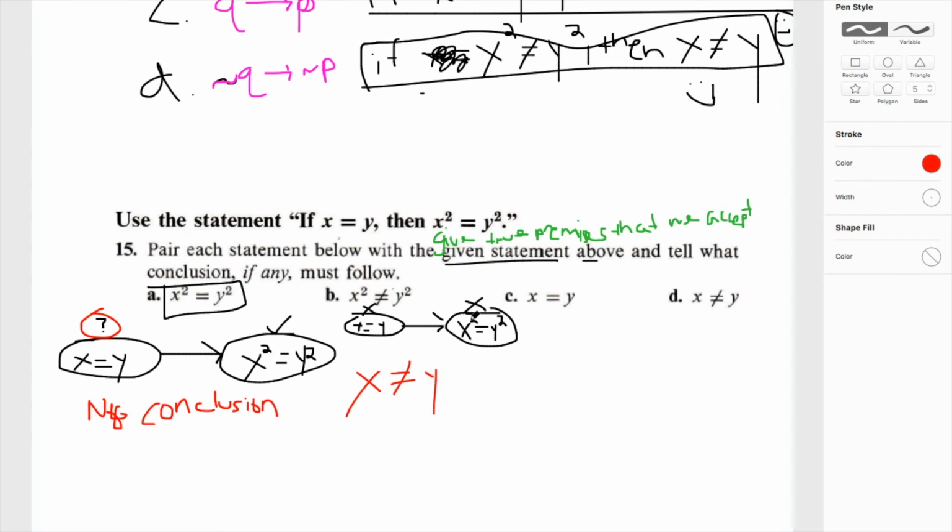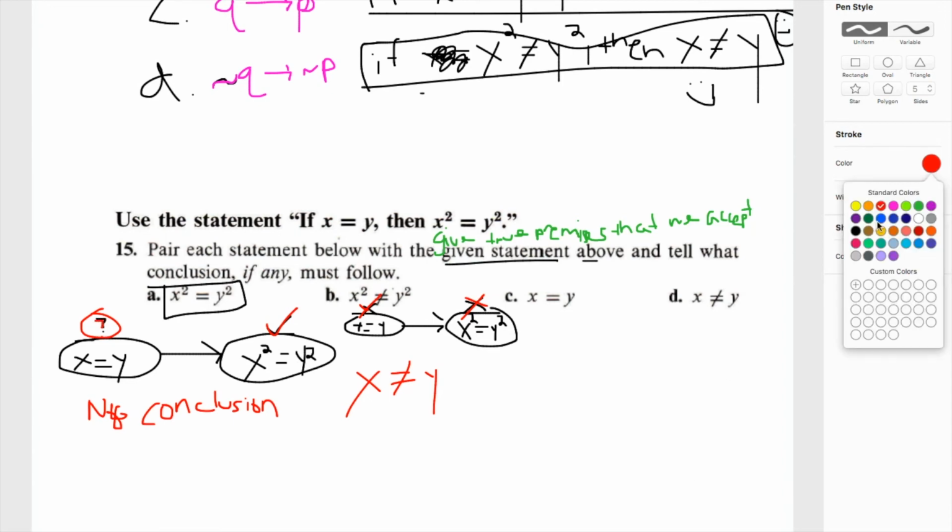So if we know our conclusion didn't happen, then that means we know our hypothesis doesn't happen in this situation as well, okay?